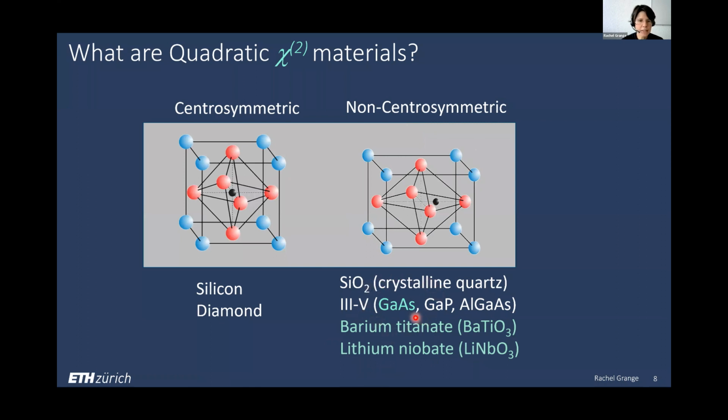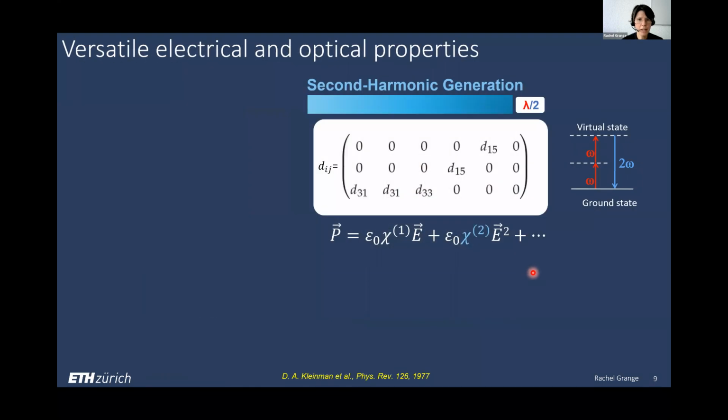The interest of those materials, especially barium titanate and lithium niobate, is that they are transparent over a very broad spectrum, from the near UV, 350 nanometers, up to the mid-IR, 4 microns. So we have a really wide range of wavelengths you can work with.